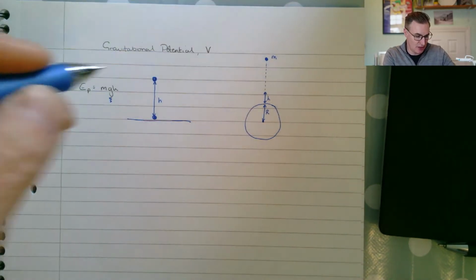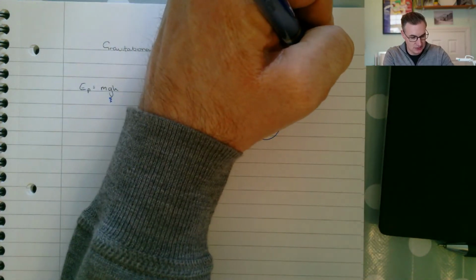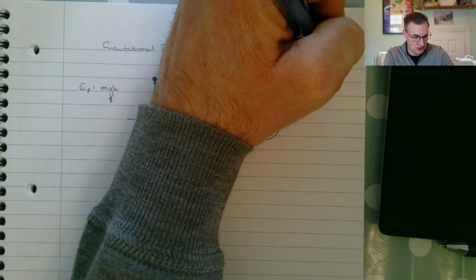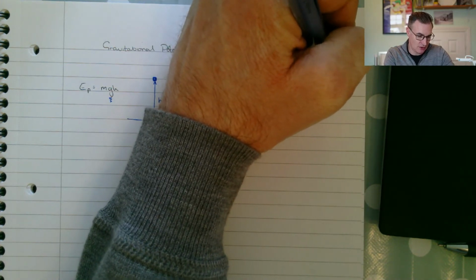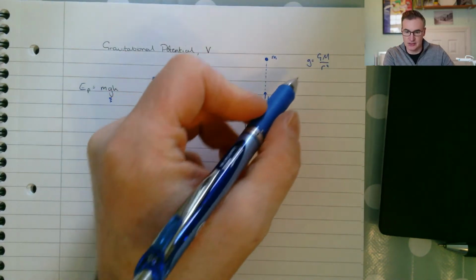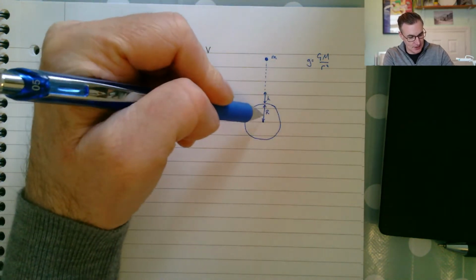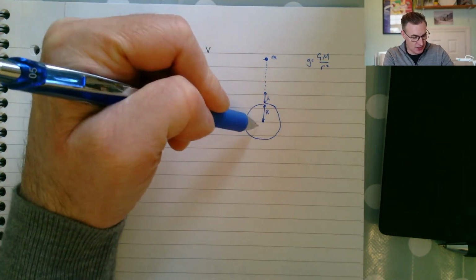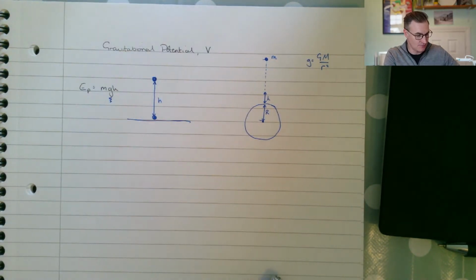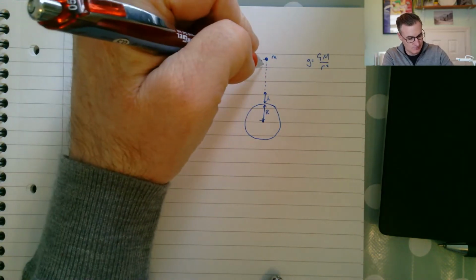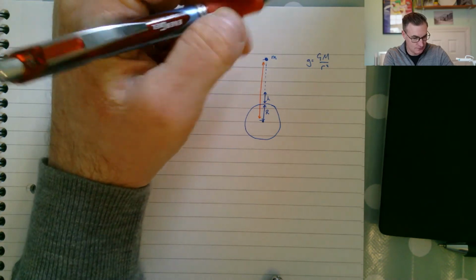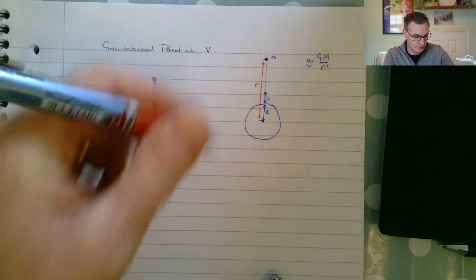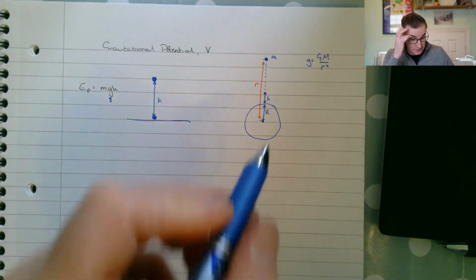g, remember, is big G m over r squared. And so as the radius, so the radius would be from here to here, your radius value is this.